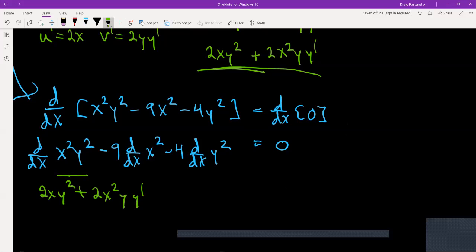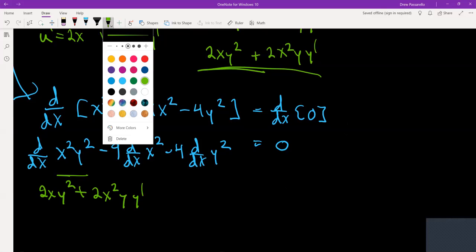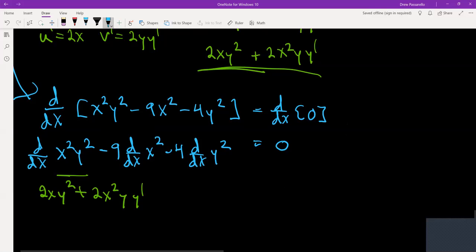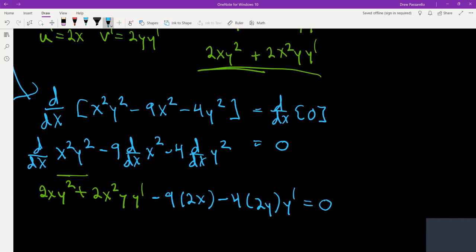All right, so that's the first piece. Now for the negative 9 and then derivative of x squared. Well, derivative of x squared is 2x, so this would be minus 9 times 2x. And then for the last piece, it's going to be minus 4, and similar thing, it's going to be times 2y. But this has the variable y, so I'm going to be attaching a y prime. And then equals 0.